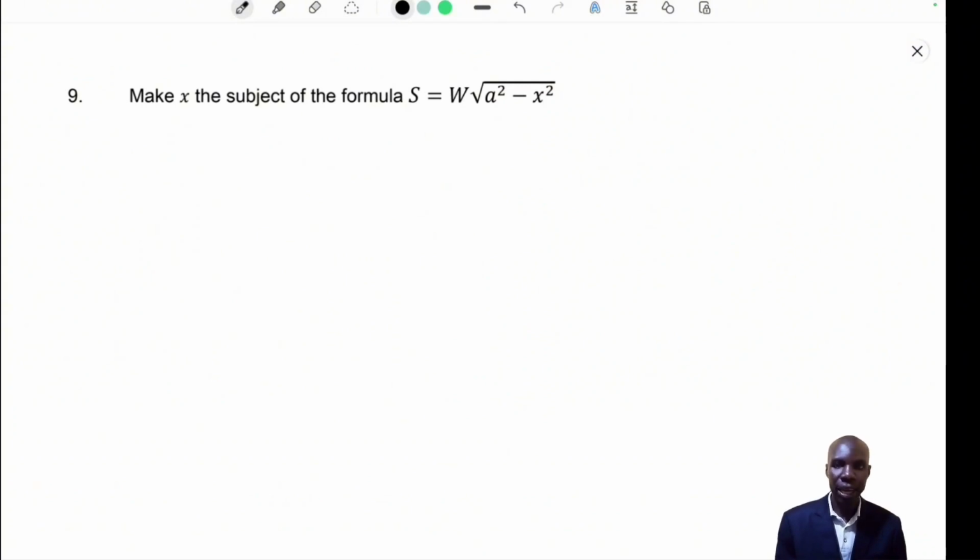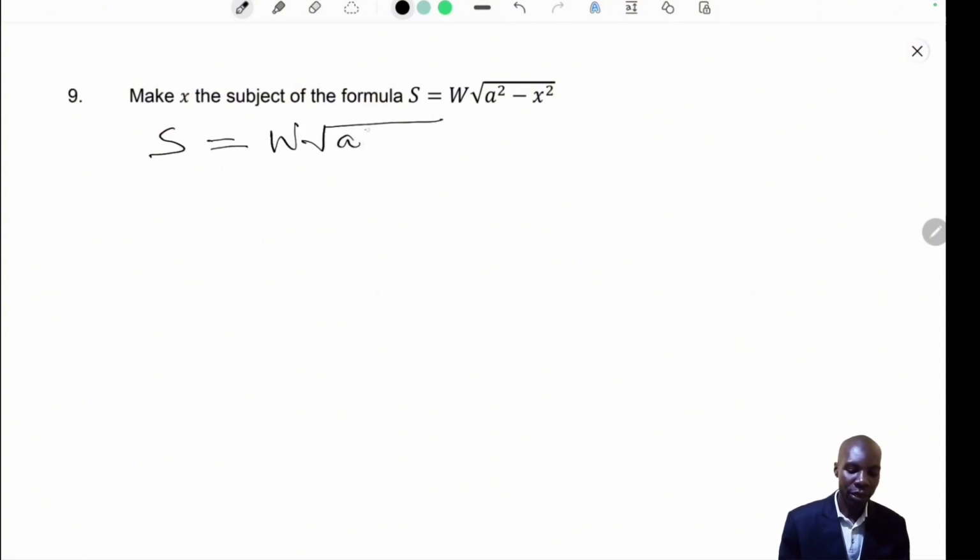Number 9, make x the subject of the formula. In this case, we are given s equals w square root of a squared minus x squared. We want to make x the subject of the formula. So what we can do is divide both sides by w.